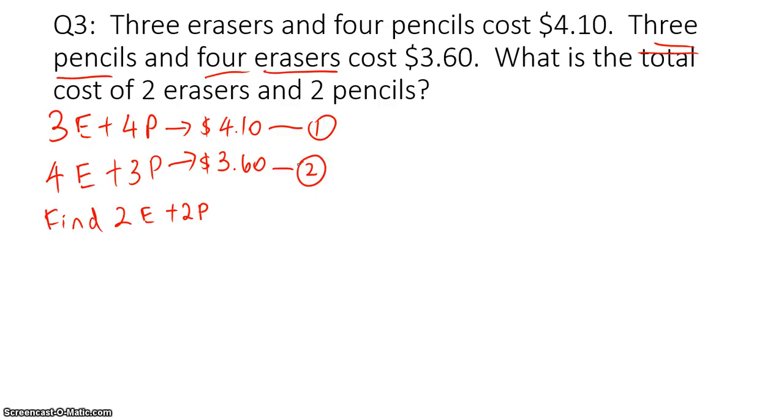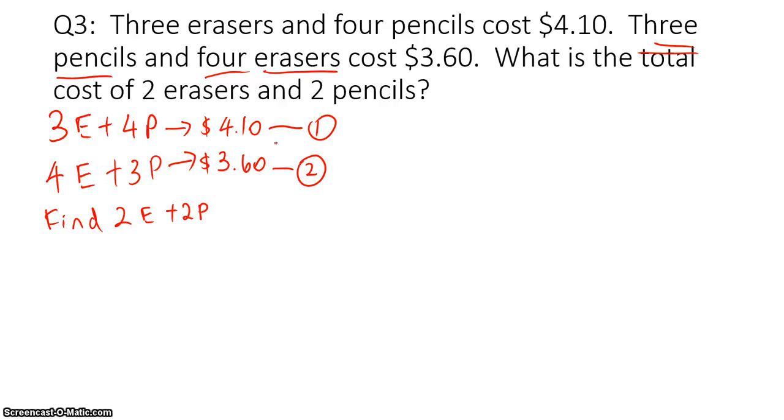Let's take a look. 3 erasers and 4 pencils cost $4.10. 4 erasers and 3 pencils cost $3.60. So there are more erasers here but less pencils, so it's cheaper. So I need to find out 2 erasers and 2 pencils.